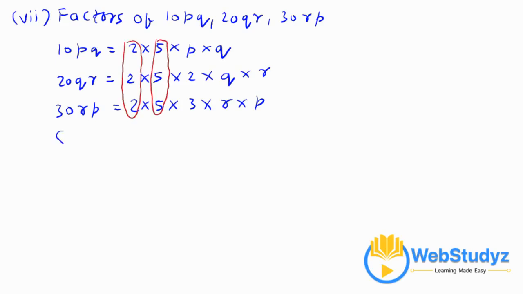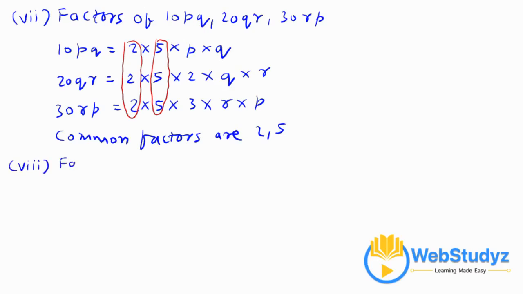So let's write it down. Common factors are 2, 5.